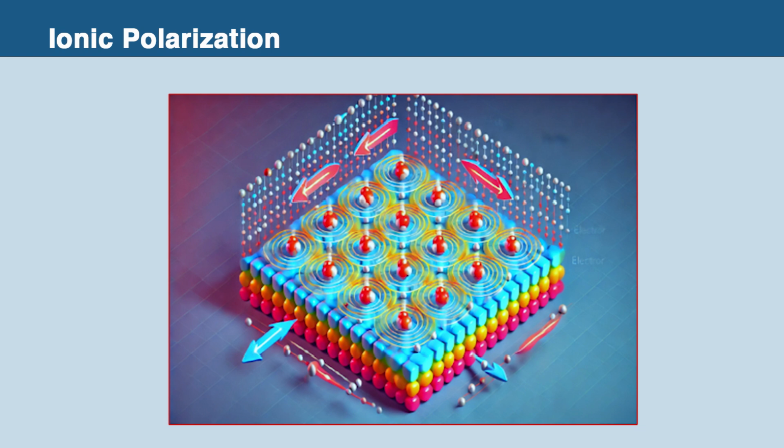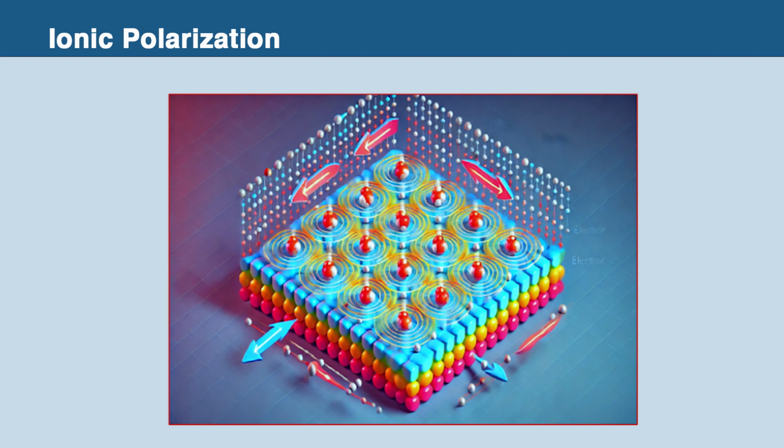This shifting creates a situation called polarization, where the charges are lined up in a way that makes the material better at handling electric fields.